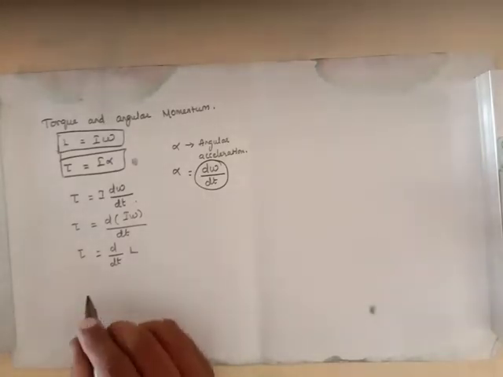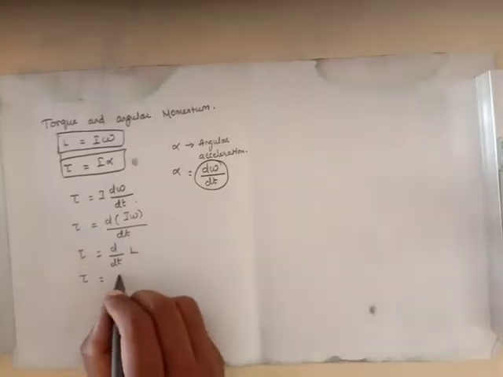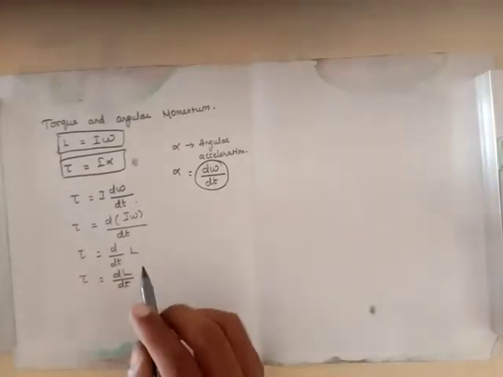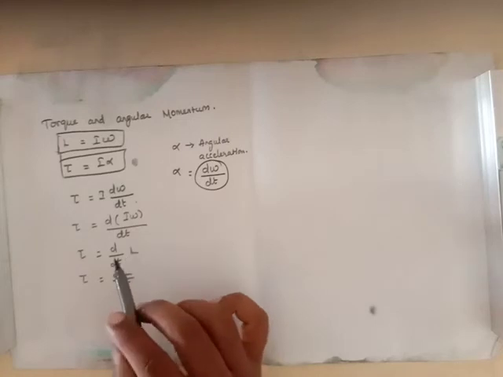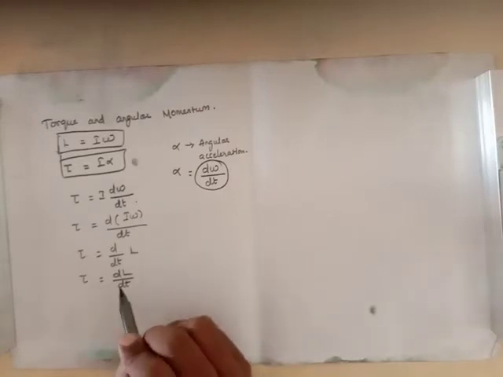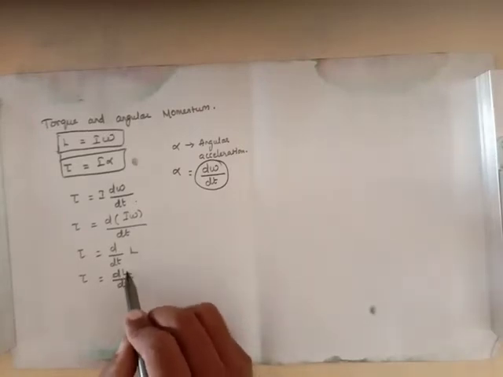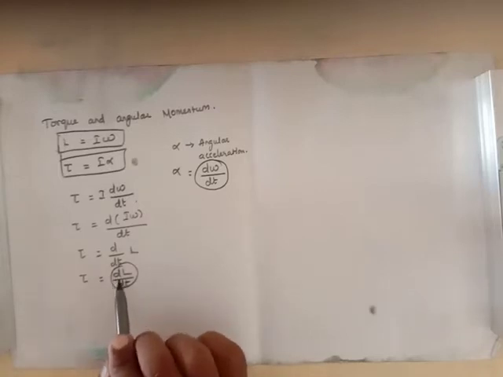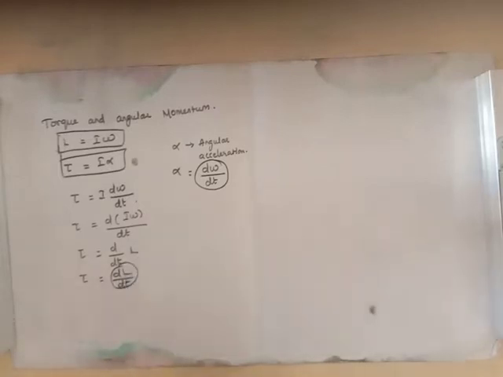So we can write tau is equal to dL divided by dt. The above expression says that an external torque on a rigid body fixed to an axis produces a rate of change of angular momentum about the axis.